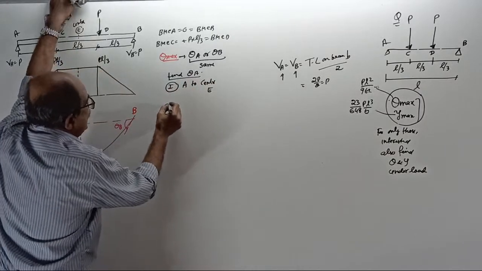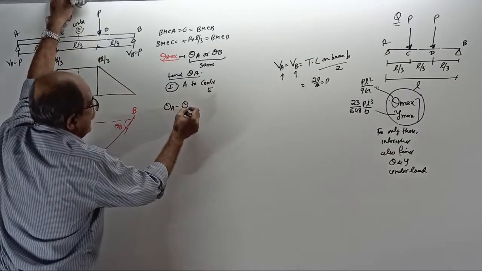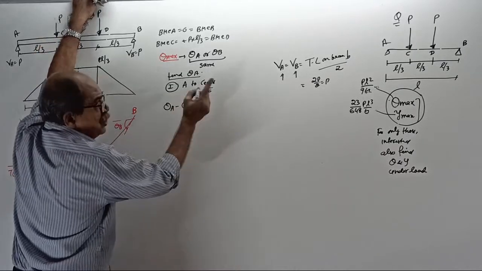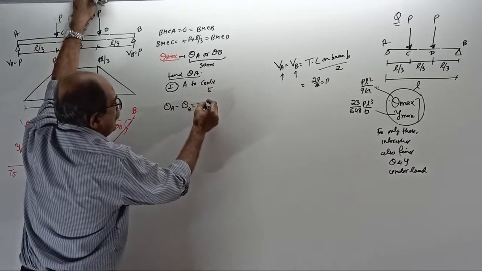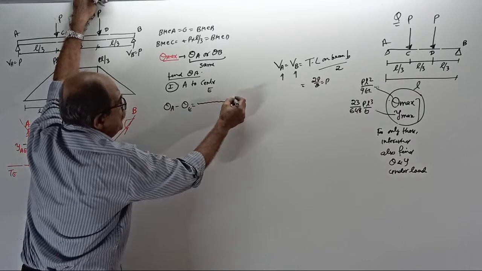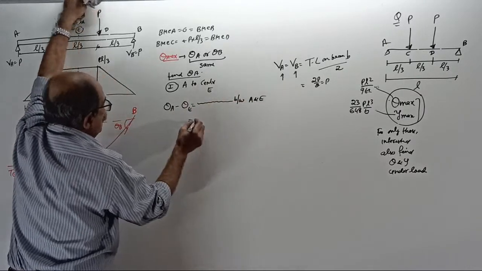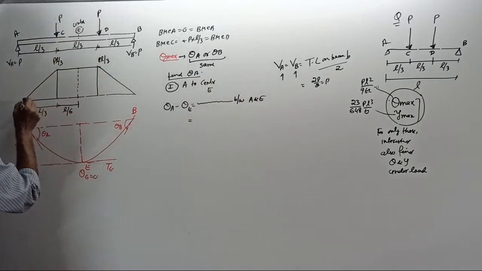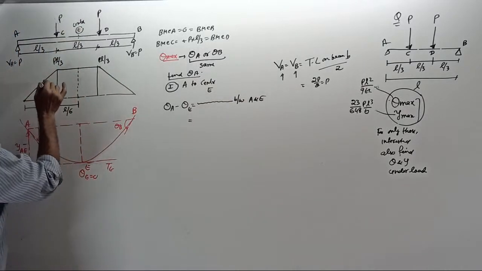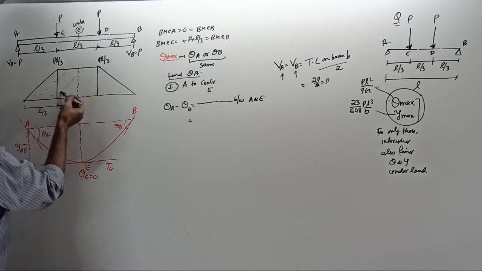So theta A minus theta E equals the area of the BM by EI diagram between A and E. Between A and E, there is one triangle and one rectangle.